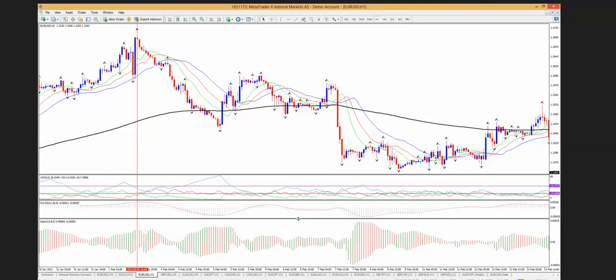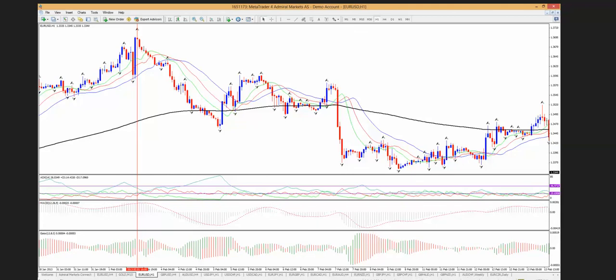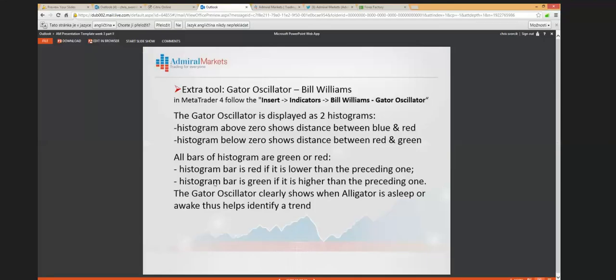If you like indicators, you might be interested in this, because the Gator shows a value above the zero, which shows the distance between the fastest moving average and the medium moving average, and the histogram below the zero line shows the difference between the medium and the long-term moving average. I think it was. No, it's the other way around. Sorry, because I have different colors here than on my own chart. This one is for the medium and long term, and this one is for the medium and short term.